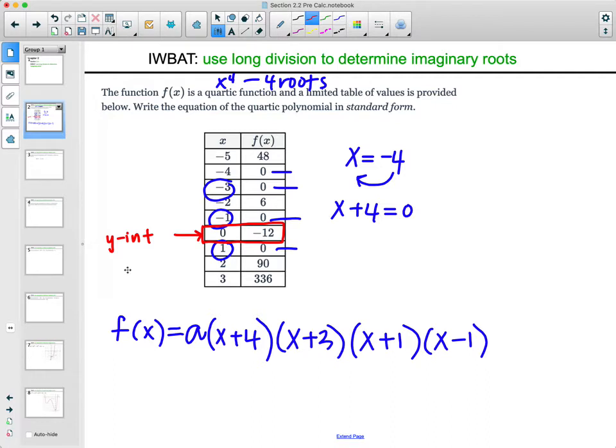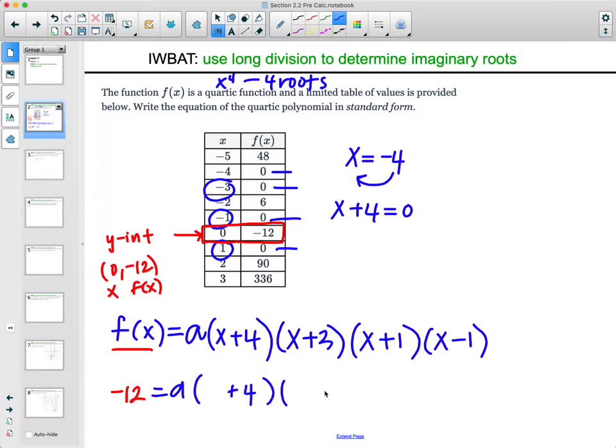So what this y-intercept says is that the x is 0 and the y is -12. Another way to say y is f of x. So f of x right here is -12, so we're going to plug that in. And then everywhere we see x, we're going to plug in 0.